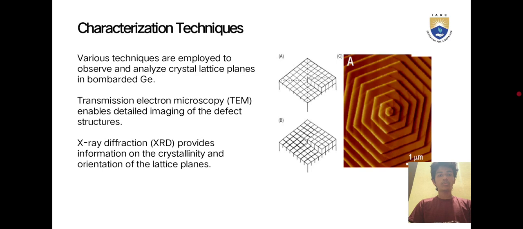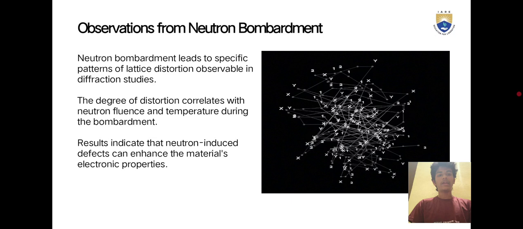Transmission electron microscopy, called TEM, enables detailed imaging of the defect structures, and X-ray diffraction, called XRD, provides information on the crystallinity and orientation of the lattice planes. This is in total about the characterization techniques, and you can see these observations from neutron bombardment.